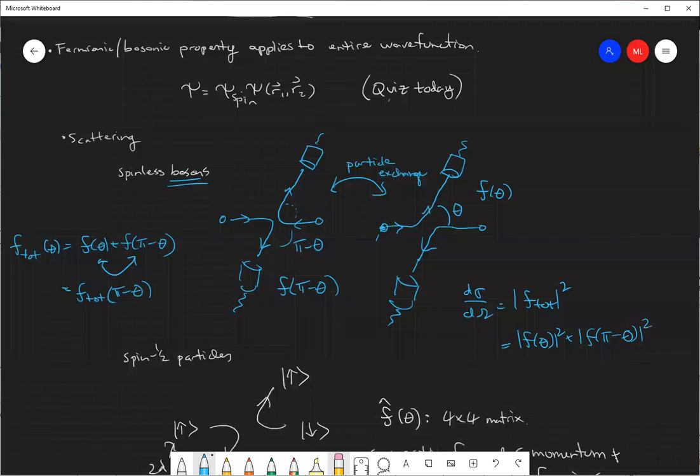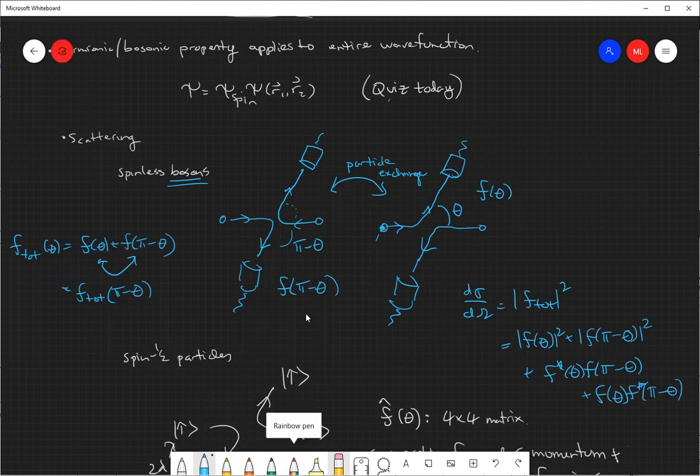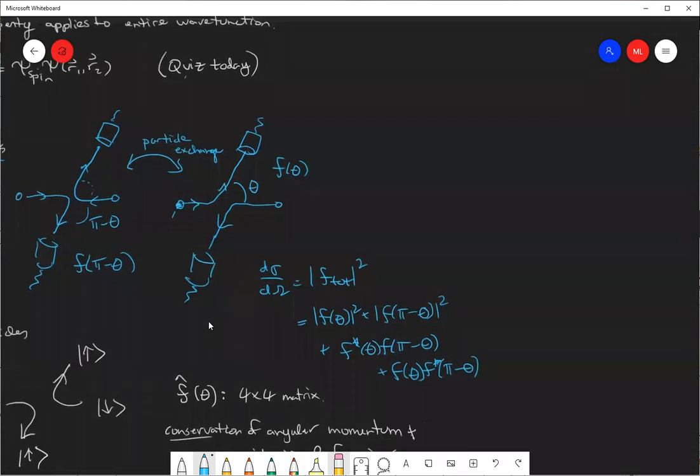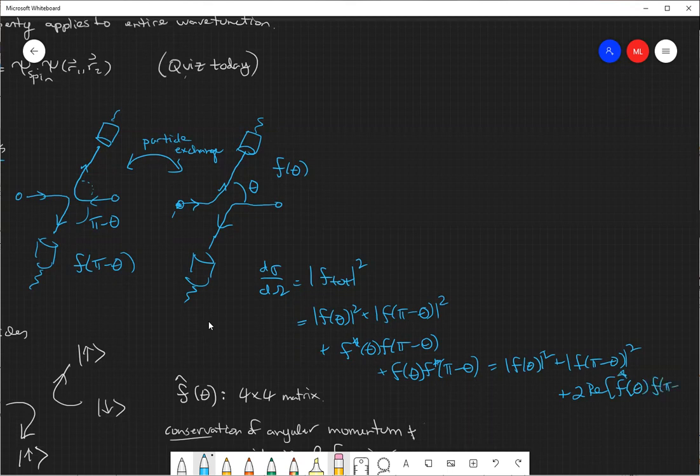And then you would get the cross term, which would be f star(theta) f(pi minus theta) plus f(theta) f star(pi minus theta), which is equal to f(theta) squared plus f(pi minus theta) squared plus twice the real part of f(theta) f(pi minus theta).